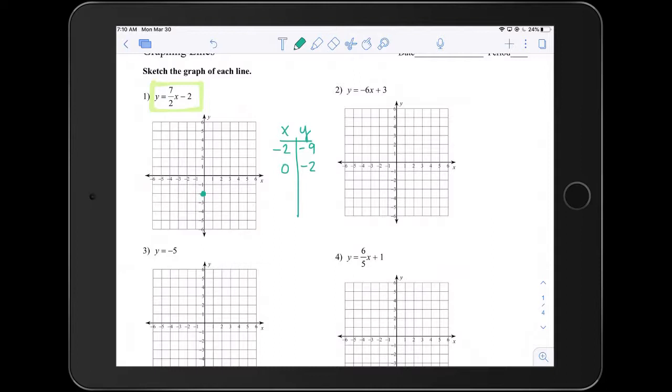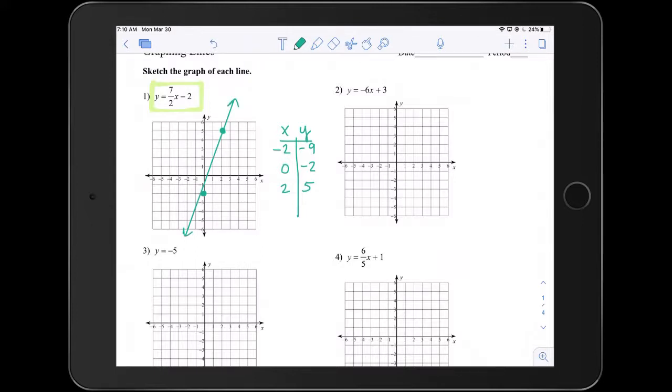And then my next point is going to be 2, 5, and that looks like that's going to be it. Sometimes we can only plot 2 coordinates, and that's okay. Right? That's really okay. So that's my first line.